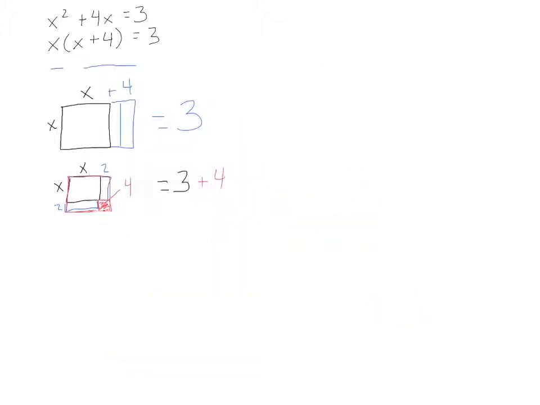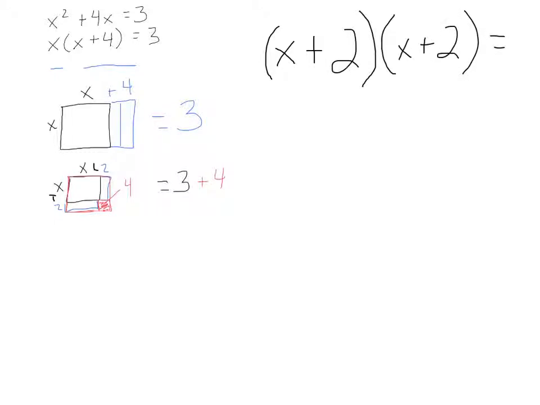What this means is that we now have a rectangle that is x plus 2 by x plus 2. So the area of our rectangle is x plus 2, it's actually a square now, times x plus 2. And that is equal to 7 units. Or more cleanly, we can write this as x plus 2 squared is equal to 7. And if you remember, the whole point of this was to find a value for x to solve this equation. How are we going to solve this equation?